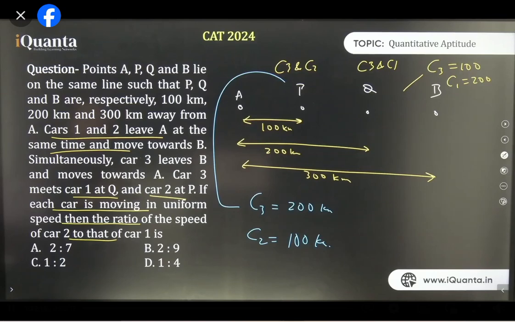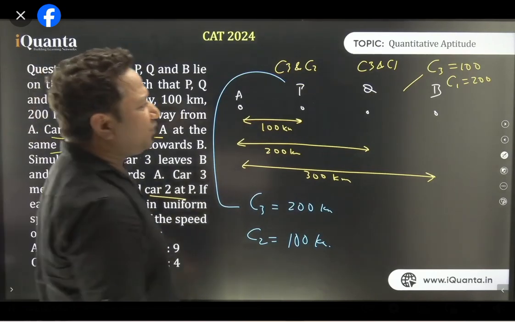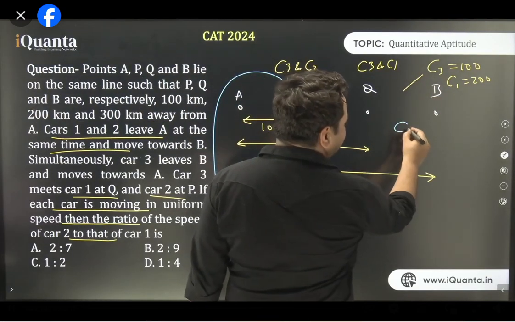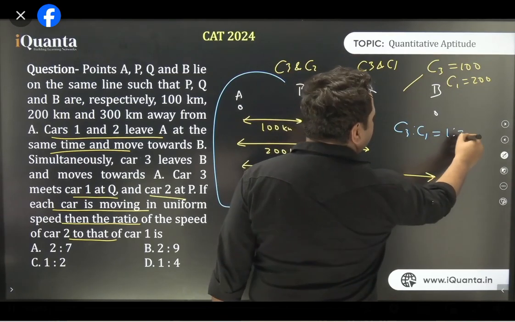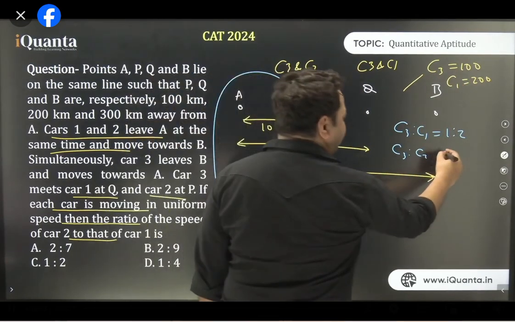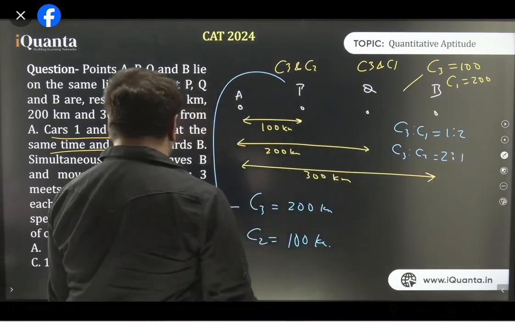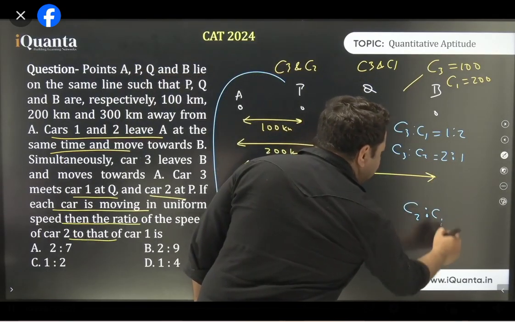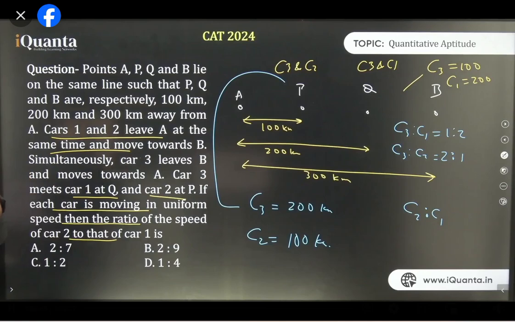We have to find the ratio of speed of car 2 to that of car 1. I think all of you know that. So we have two ratios. C3 is to C1 is 1 is to 2 from this, and C3 is to C2 is how much? 2 by 1, 2 is to 1. We have to find C2 is to C1.